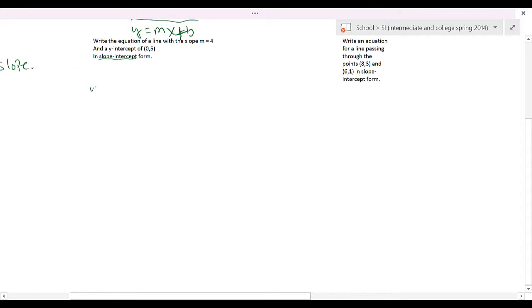So let's say y equals, what does my m equal? 4. X we just write just like we just wrote the y. And whatever b is, the y-intercept, is 5. So we're going to say plus 5. And we're done. That's a line written in slope-intercept form with the slope of 4 and a y-intercept of (0, 5).